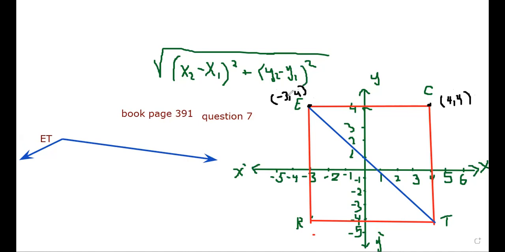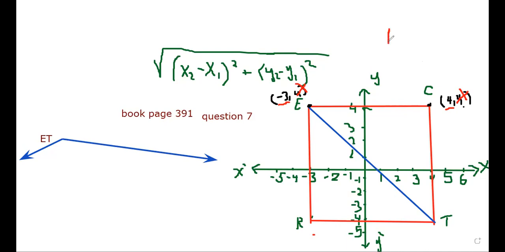Then we will note that we have the same y coordinate. We will not care about the y coordinates, but we will use only the absolute value of the difference between x2 minus x1, and the order is not important, so you can say that 4 is x1 and negative 3 is x2, or the opposite. The direction is not important here.